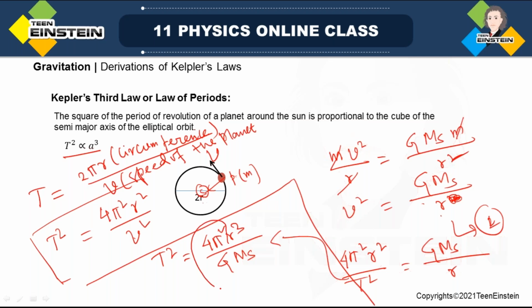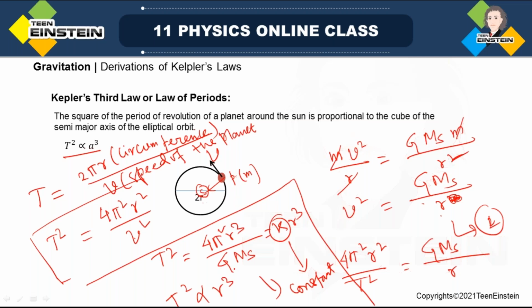So look, this term, 4π² by G Ms, is a constant term that can be written as k. So we can write this as k r³, where k is a proportionality constant. So we can prove from here that T² is directly proportional to r³.